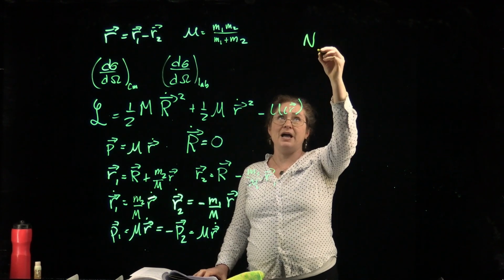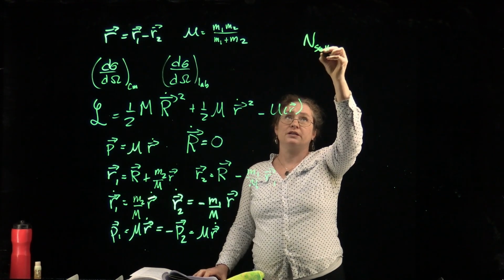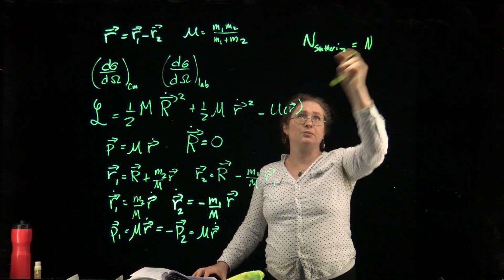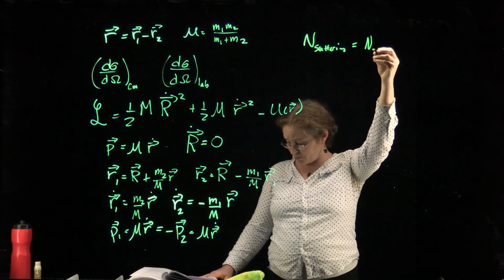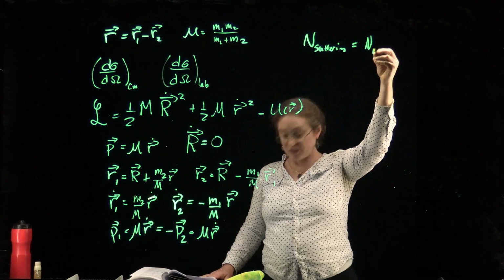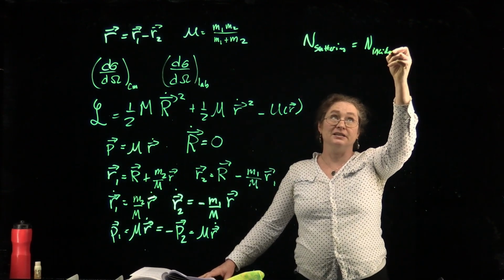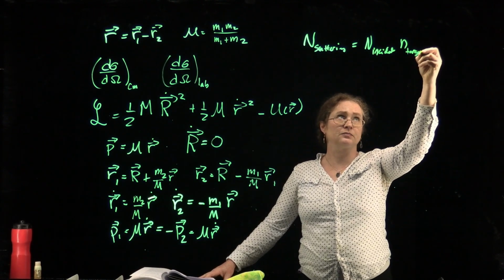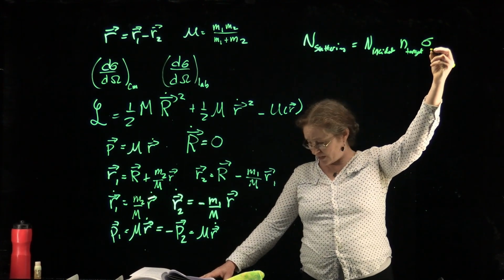And we're going to go back to our old definition. The cross-section is defined by the number of scattered particles equals the number of incident particles times the target density times the cross-section.